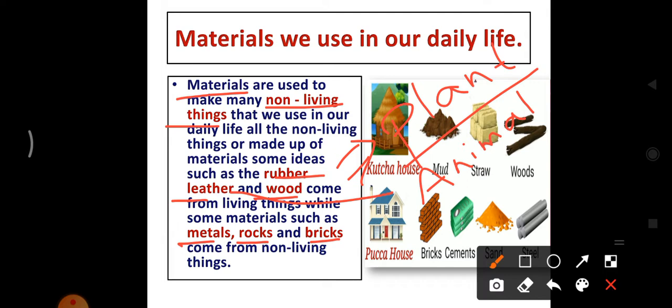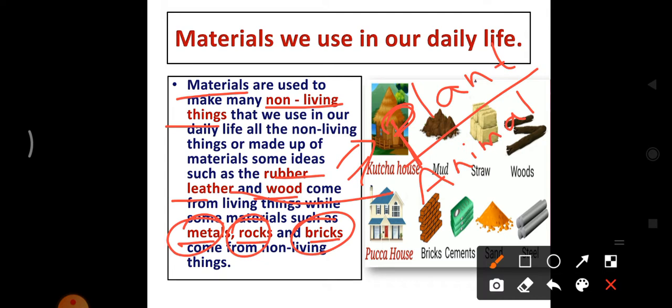So some materials are getting from the living things such as rubber, leather, wood. These are getting from the plant and animal. The plant and animal are living things. But if you take metal, rock and brick, these are getting from non-living things.